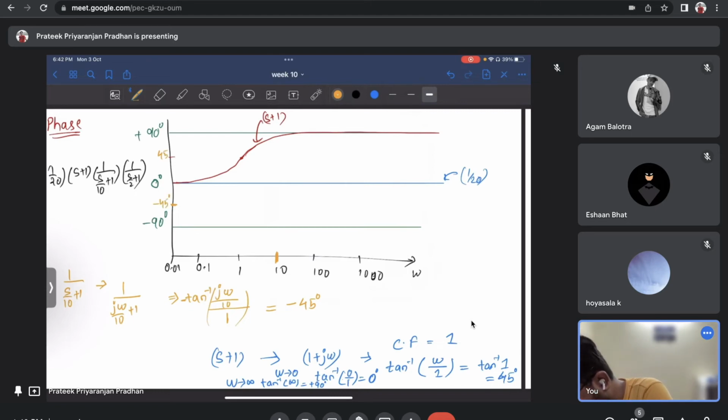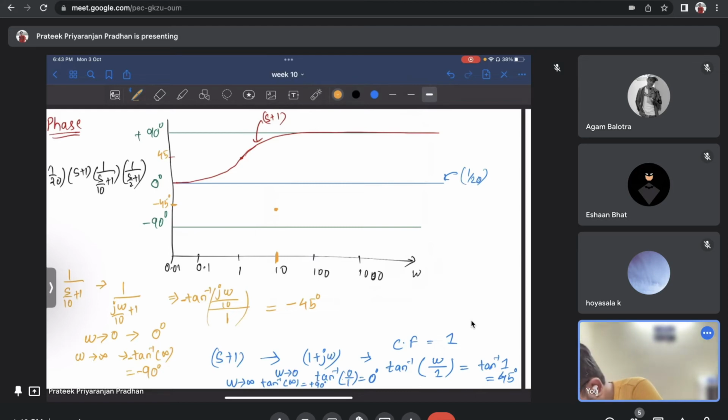Is it clear? So this is 45, this is negative 45. So this will come like this point. Similarly for low frequency, tell me what is the phase when omega tends to 0? It will be 0 degree, and when omega tends to infinite, it will be negative tan inverse of infinite, which is negative 90 degree. Clear?